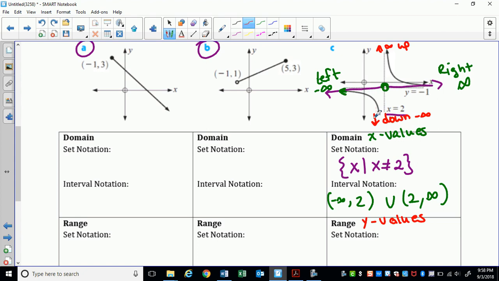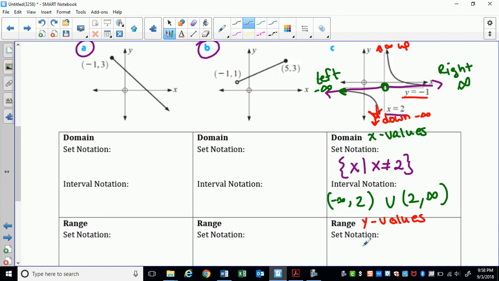So we always start with the bottom when we're looking at the range. And it looks like I do have an arrow that goes down. That means that we're going to start at negative infinity. We're going to go up to this line right here. It looks like there's a horizontal asymptote as well at y equals negative 1. And then we're going to start up again at y equals negative 1, almost touching it, and then go all the way up to infinity.